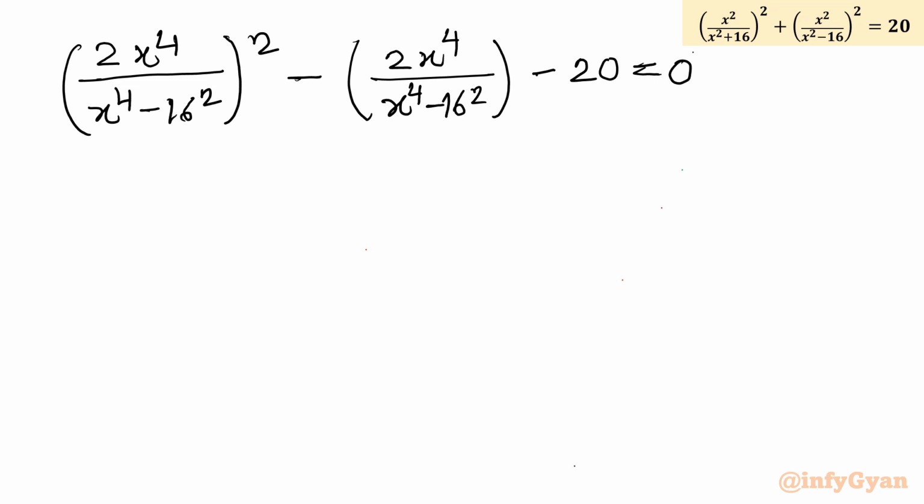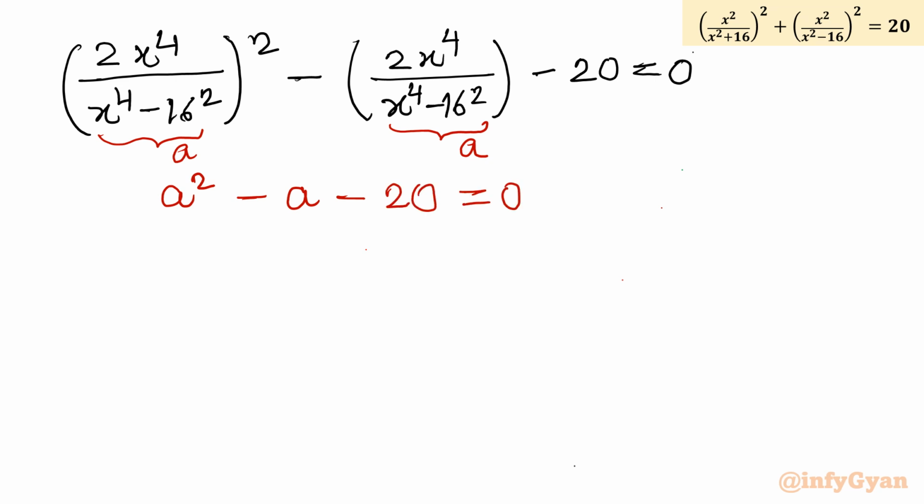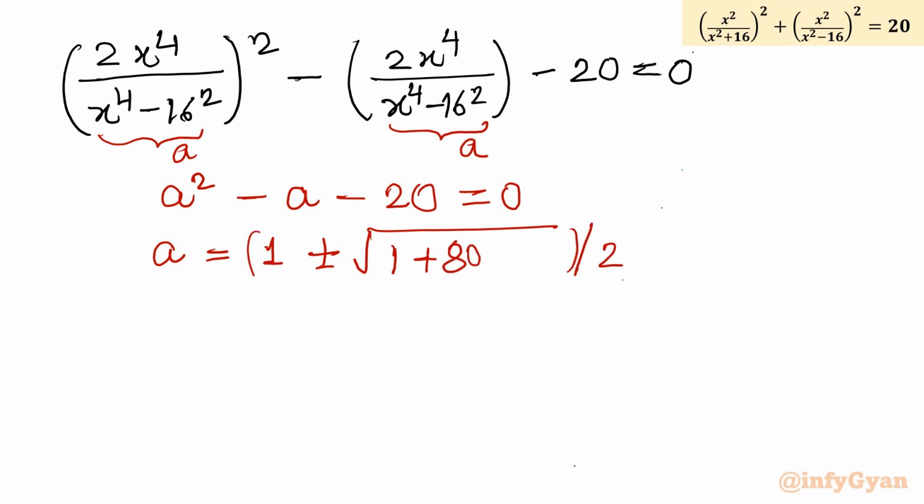So better is to consider the substitution A. So the equation will be converted into a quadratic one: A square minus A minus 20 equal to 0. Let's apply the quadratic formula, Sridharacharya formula: minus b, so 1, plus minus square root of b square minus 4ac, so plus 80, divided by 2a, so 2.